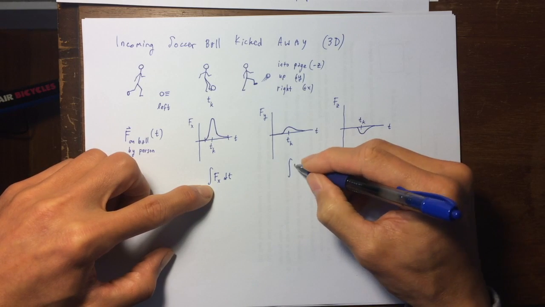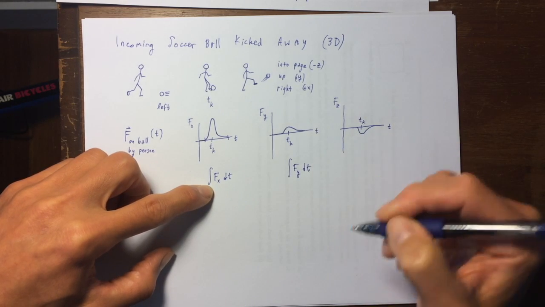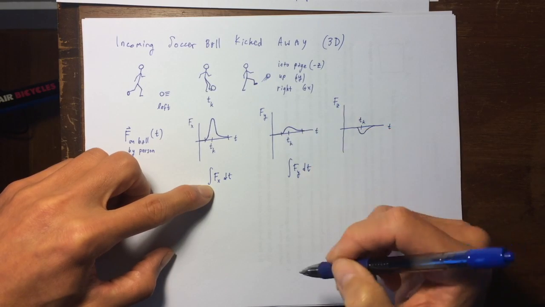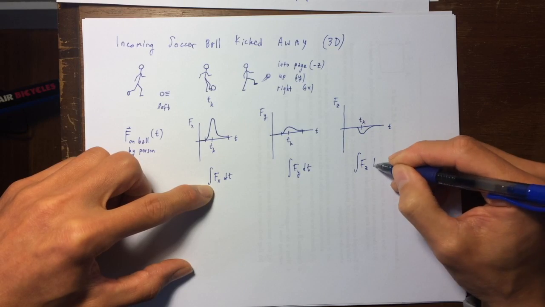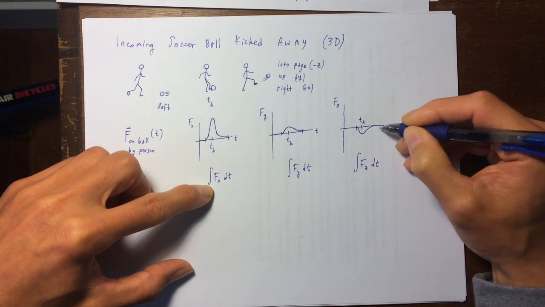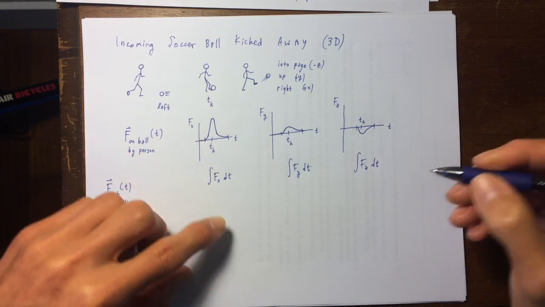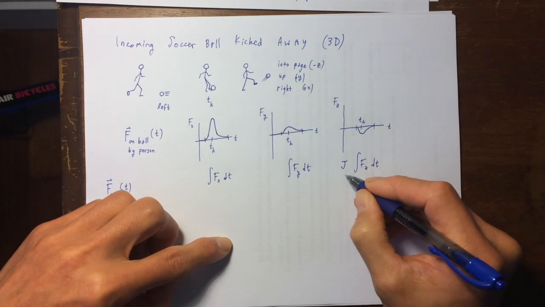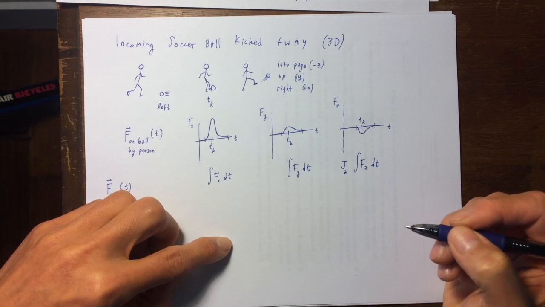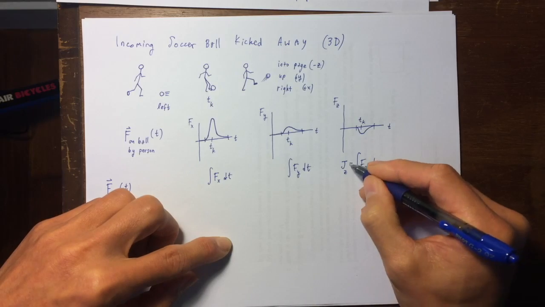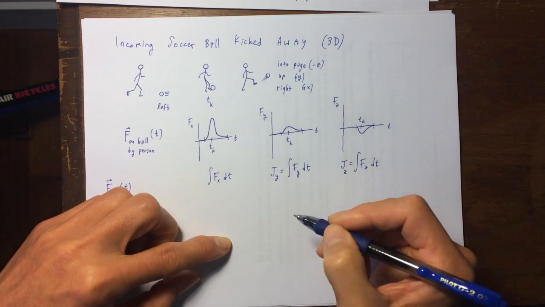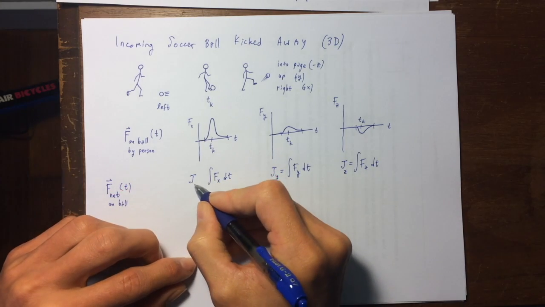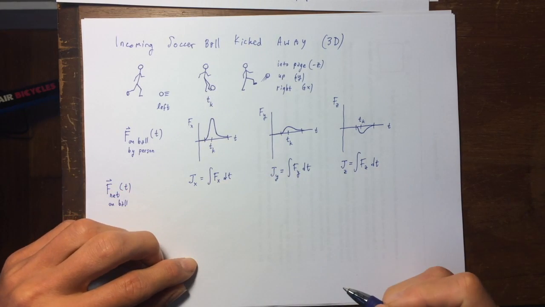And here I could imagine integrating f sub y dt, also from on to off. And here is the integral in the z direction, dt, from on to off, like that. And when I do this, it'll be the impulse by the kick in the z direction. This is the impulse by the kick in the y direction. And this is the impulse by the kick in the x direction.